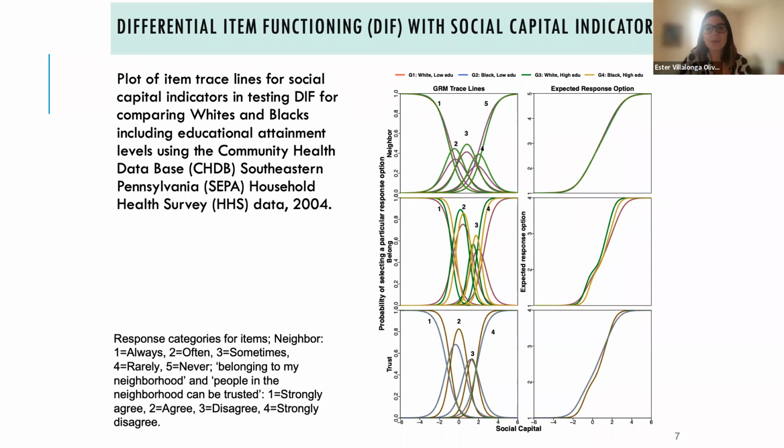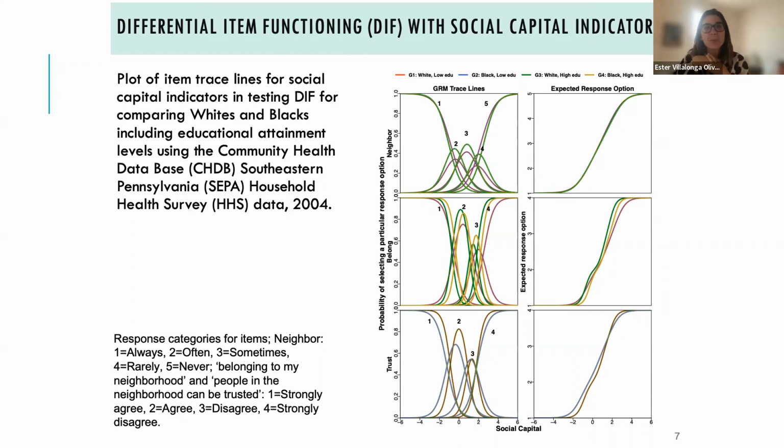So, for example, I believe that social capital indicators such as trust or belonging to certain groups may be very meaningful for whites, but maybe not for blacks. And that's why we observe these kinds of differences. So I'm asking myself, what does a white person with a higher educational level understand, or how do these people respond to this question compared to a black person with a lower educational level?